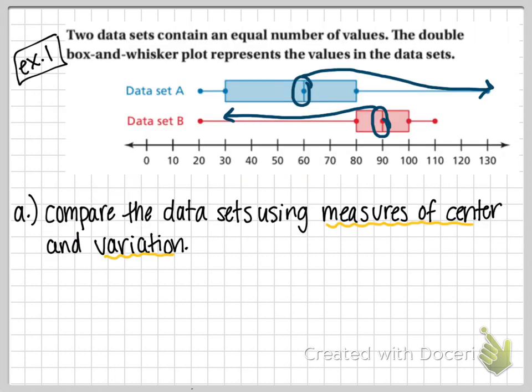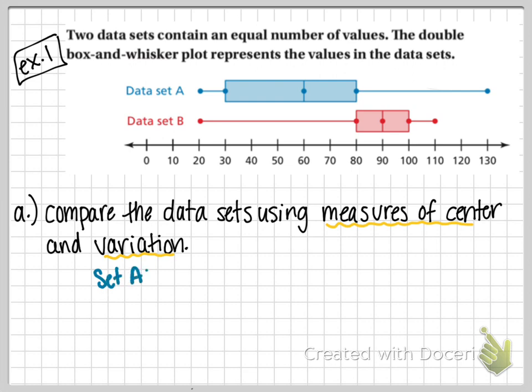All right, so let's come back to this. I'm going to erase these. So now we know, since we have skewed data, we're going to use median. So I'm going to do set A. Actually, let's do it in blue so it matches. Set A. Let's find the median and the IQR. Median is our measure of center and IQR is our measure of variation.